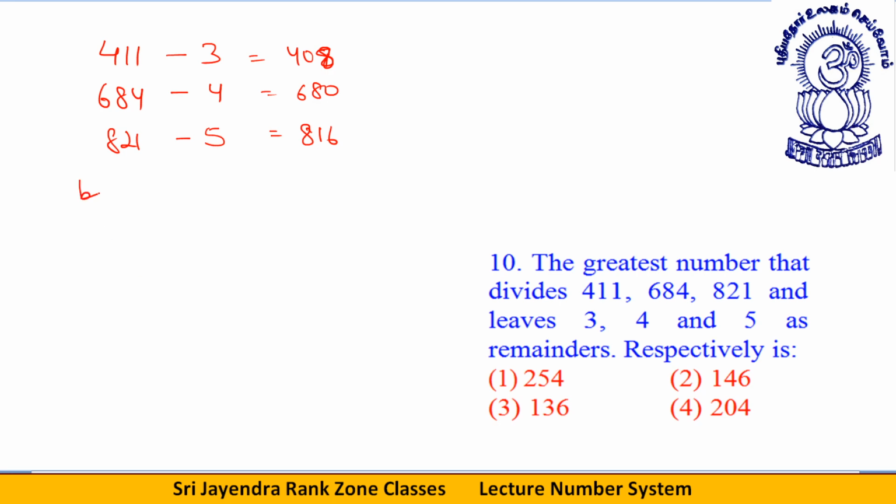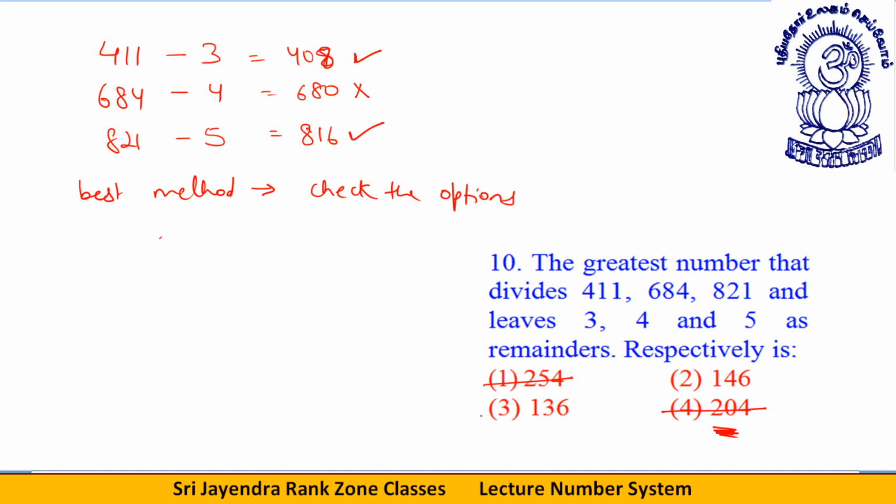Now the options are far apart. Best method, check the options. If I check the options, what will happen? 204, I can easily say divides 408, and 816 also, but it does not divide 680. So 204 is not the option. 254 clearly does not divide 408, so it is not the option.